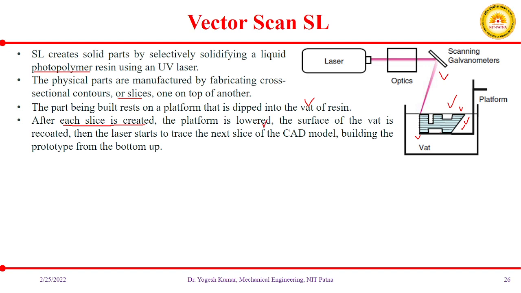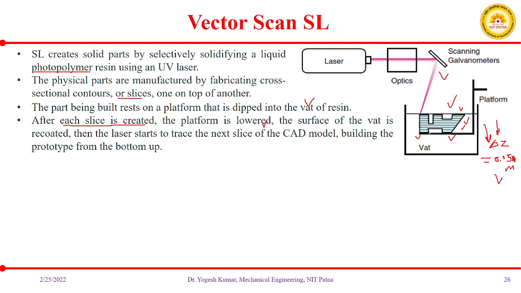As soon as you have solidified the liquid resin corresponding to layer 1, you need to lower the platform by a distance equal to your layer height. Suppose in this case it is delta z, maybe 0.05 millimeter. Suppose that is your layer height.